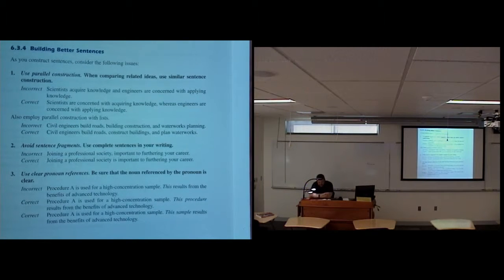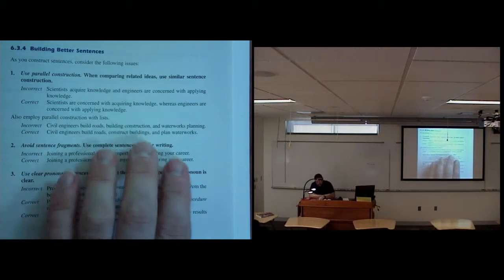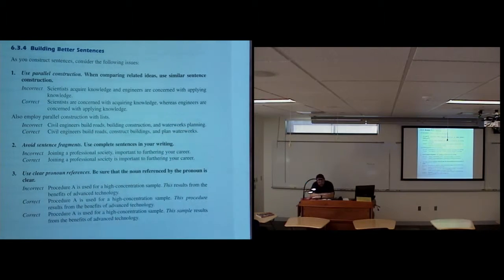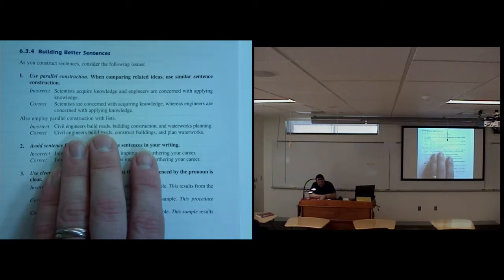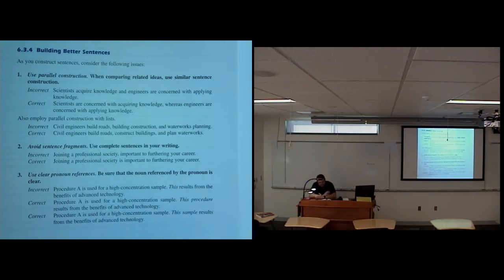You can do the same thing with lists. You have an incorrect way of making a list. Civil engineers build roads, building construction, and waterworks planning. But the second and third things in here, they're not using the same structure. Civil engineers build roads essentially means that they're using this tense, that this is what they do right now, right?